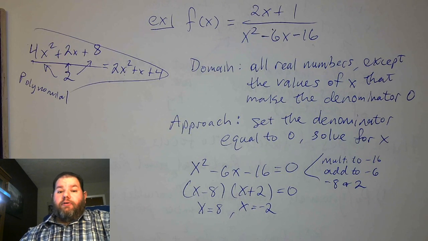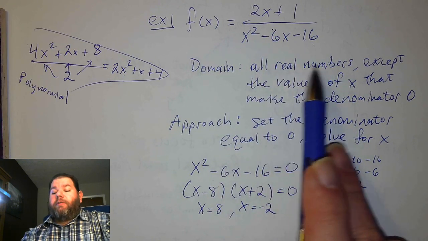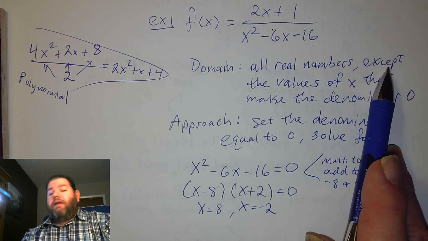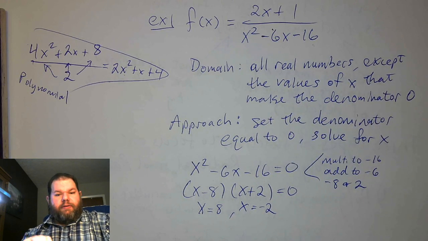Now again, when we state our domain, we're not saying that 8 and negative 2 are part of the domain. What we're actually saying is the domain is all real numbers except the 8 and the negative 2 that we found that make the denominator 0.